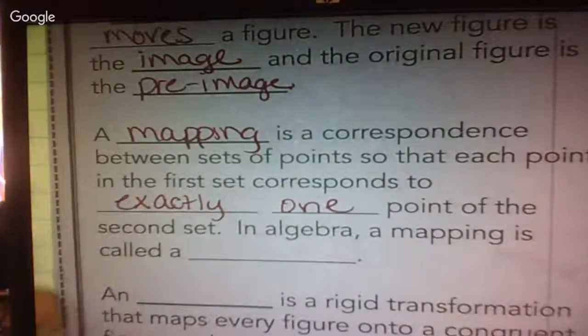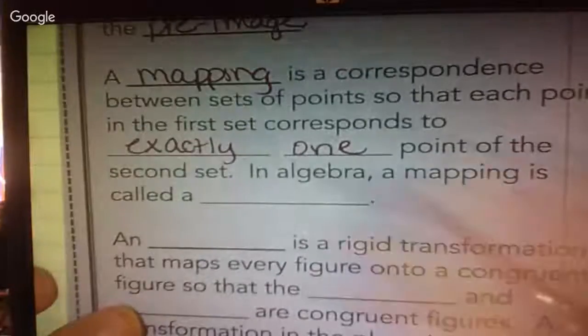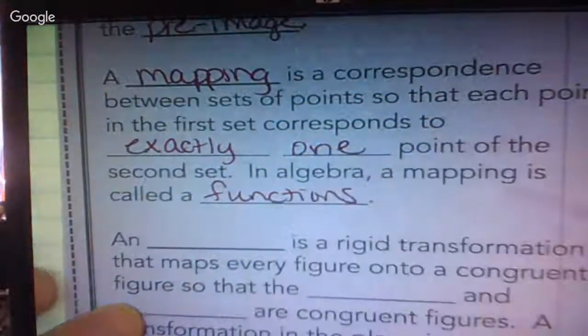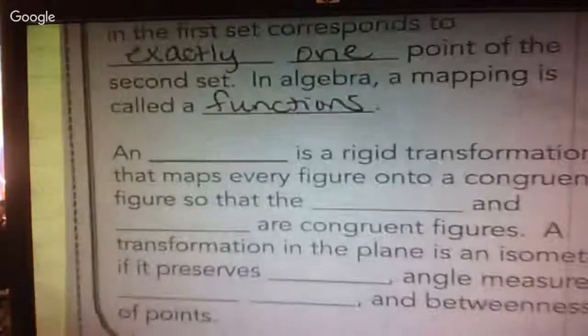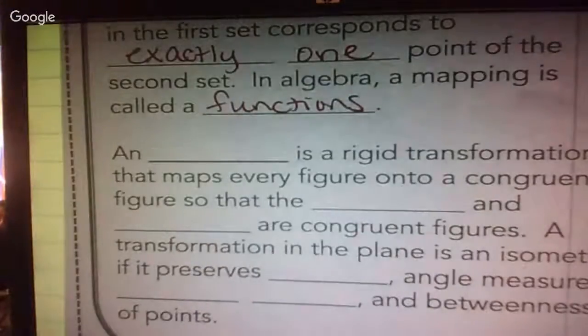And these mappings in algebra are called functions. Oh, look, we talked about functions already. That's one thing about math, it builds. So in other words, if you start to get lost, I need you to come see me so we can get you back on track, or else I'll lose you for the rest of the semester.